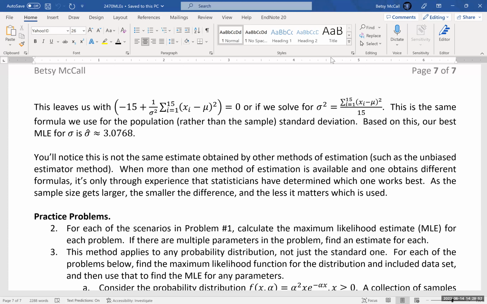So most of the time you'll get the formula that you were expecting, but sometimes, like with sigma, you will get one version of the sigma, but not necessarily the one that we use all of the time, because it has other problems. It is an estimator, but it is not necessarily guaranteed to be the best estimator.